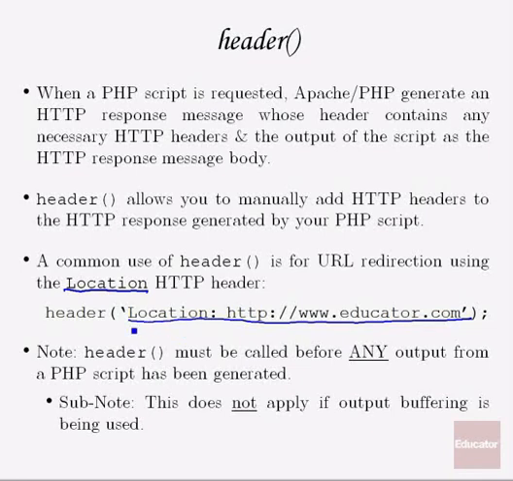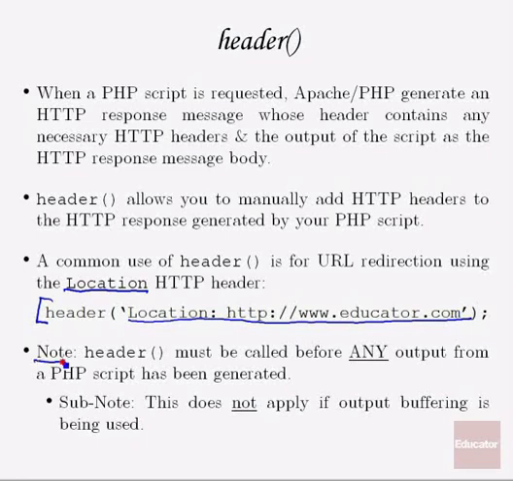So when the client views a PHP page that has this header function call in it, that sets the location header to this, when you request that page, it's going to get that response back and say, okay, we need to redirect to this link, which in this case is http://www.educator.com. So that's one common use of it, but you can use it for any sort of header that you want to add to a file.